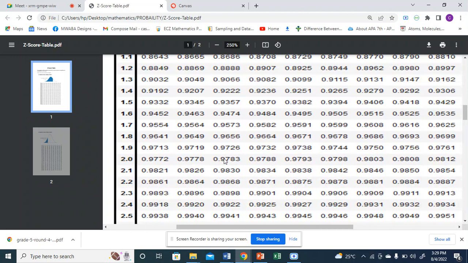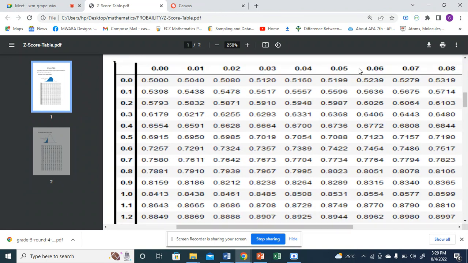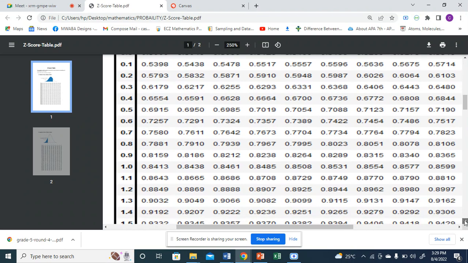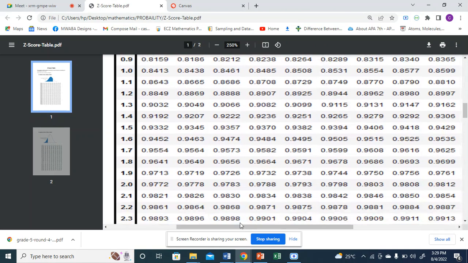Then you go to the column of 0.00, because our z-score is just 2. Where they intersect, that's the probability less than our z-score. Here it is: 0.9772. This is the probability less than our z-score.